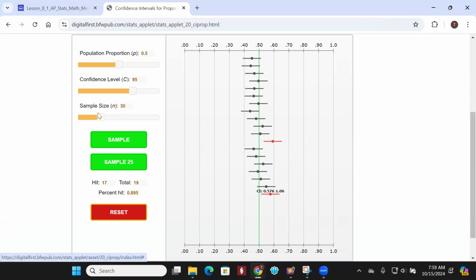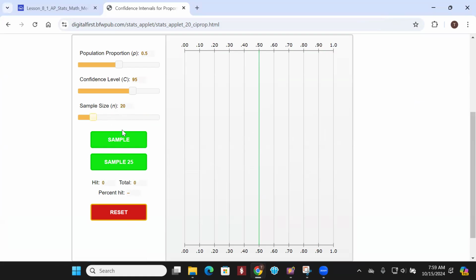So we went from 20, we had a bigger margin of error. Why did we have a bigger margin of error on that? Do you remember what you said about the red beads? If you took a sample and you only got one out of that, that doesn't seem super reasonable, right? Bigger margin of error, smaller sample size. More sample, bigger sample size, smaller margin of error. So we got a smaller interval.